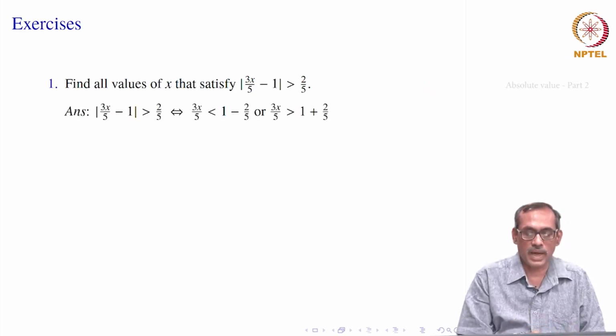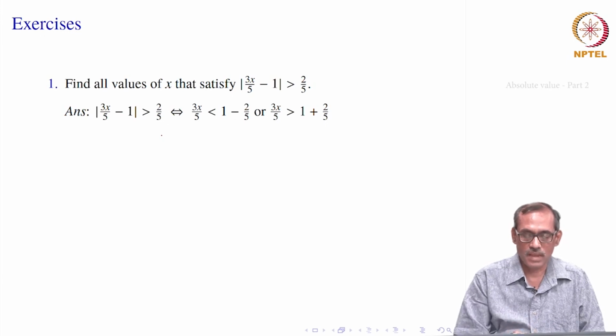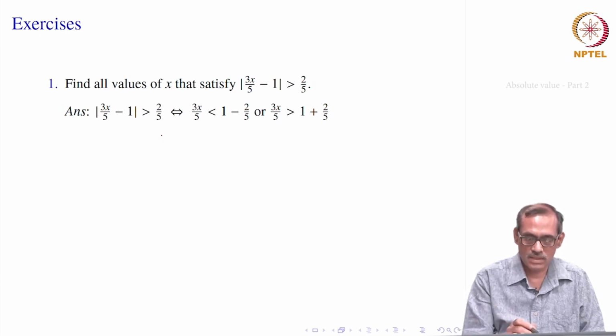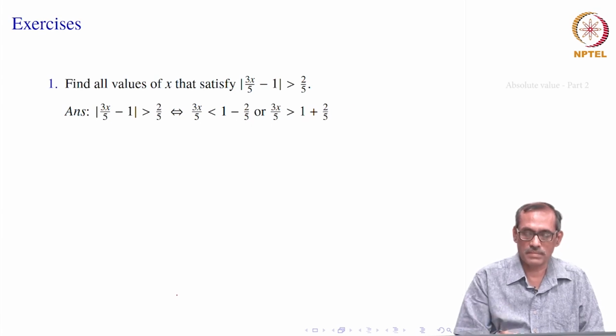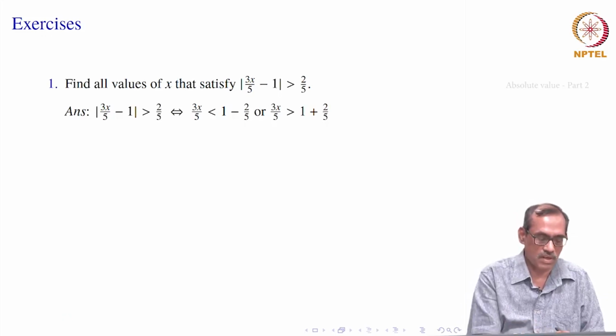Now, mod of 3x by 5 minus 1 is bigger than 2 by 5. We use that. It says 3x by 5 is less than 1 minus 2 by 5, a minus delta, or 3x by 5 is bigger than a plus delta, which is 1 plus 2 by 5. Now, we have to solve both and connect them with or.